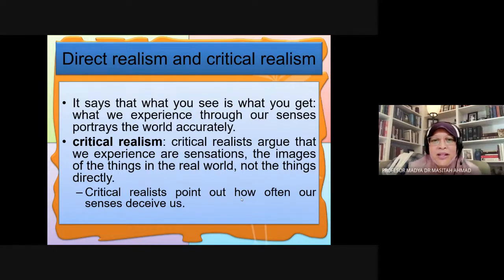So that's why the argument is that sometimes our experience is more sensation. When we talk about direct realism and critical realism in this class, it is about how we see something, how we look at the research topic. Let's say just now our friend was talking about blockchain. Based on my experience and my reading, I see blockchain as something not really important.